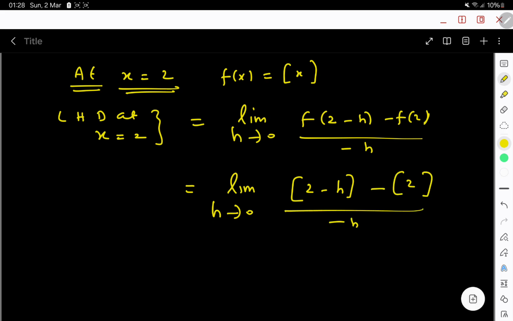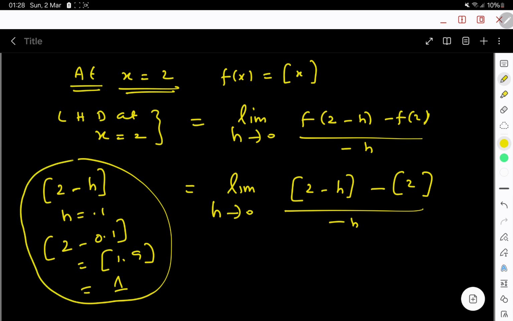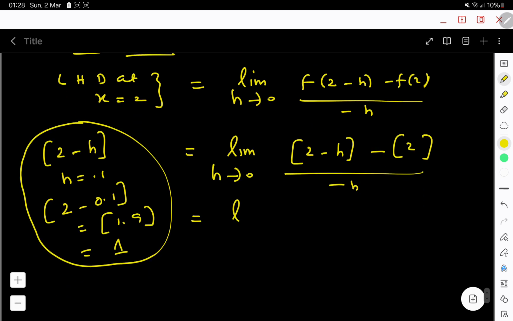What is the value of the greatest integer of 2 minus h? I am taking h equal to 0.1, it is 2 minus 0.1, it is 1.9. The greatest integer of 1.9 is again 1. So limit h tends to 0, this value is 1, the greatest integer value of 2 is 2, by minus h.